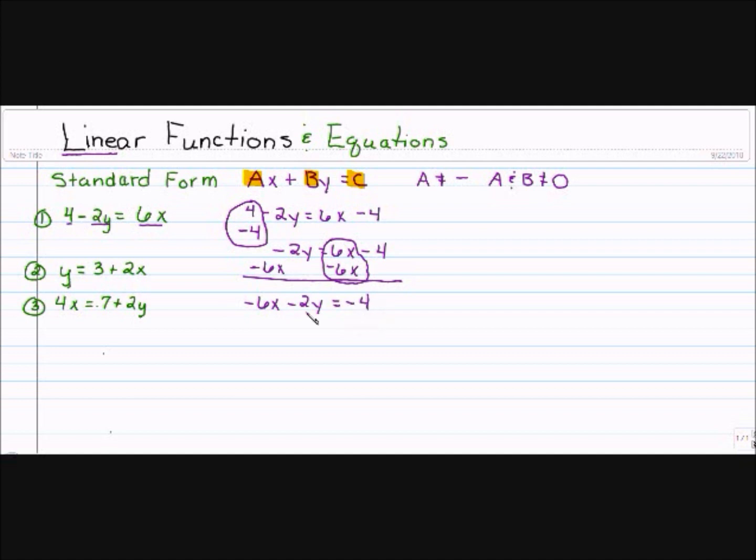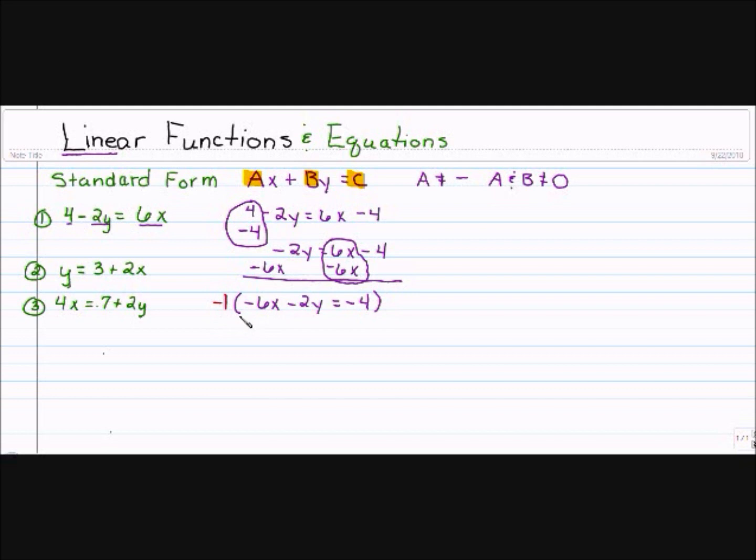Okay, what did I say up here? The a cannot be a negative, so the coefficient in front of your x is your a. That cannot be a negative. Well, it is a negative, so I need to change that. In order to change that, I multiply everything by negative 1.